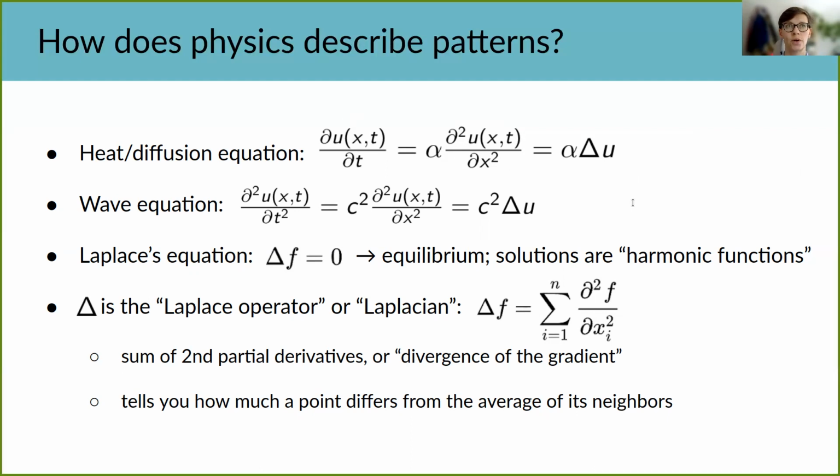Speaking in a very hand wavy and sloppy way, just to give you an intuition, that means that the points aren't really pulling on each other anymore. So the overall pattern doesn't change. You have a concentration or temperature distribution that is flat, or you have a sustained oscillation, for example.